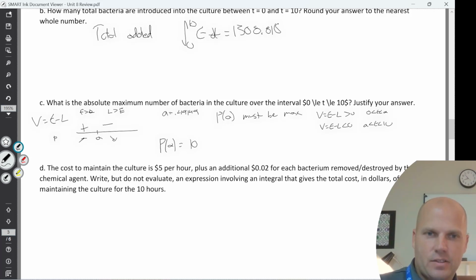I had 10,000 to start with. You can add separately or accumulate your velocity, whatever you want.